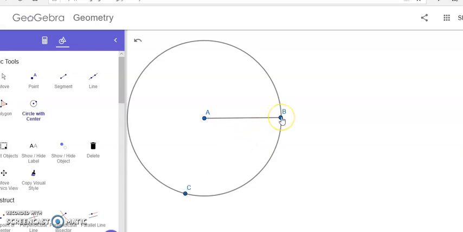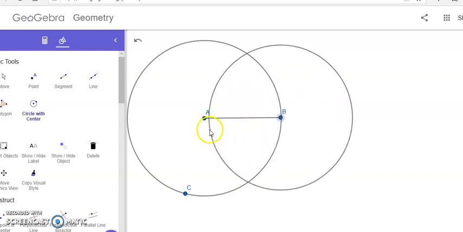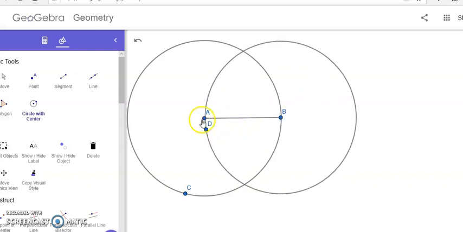Okay. Again, I have to construct a circle with B as the center and with AB as the radius. Observe here, these two circles are intersecting at a point, and I am going to call this point E. Yes, these two circles intersect at the point E here.